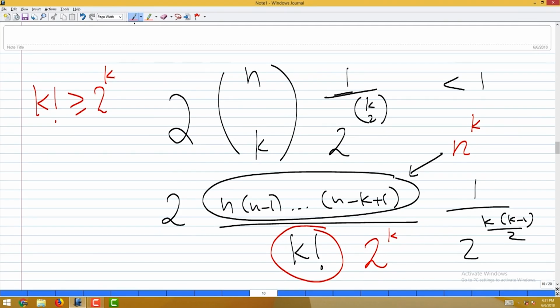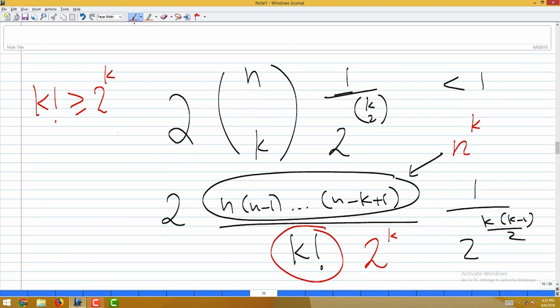Correct now, 4. 2 raised to 4 is 16. Okay, it's small now.